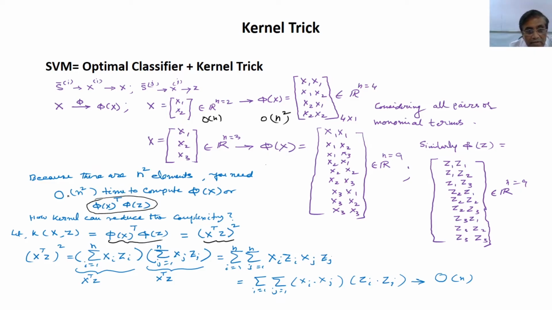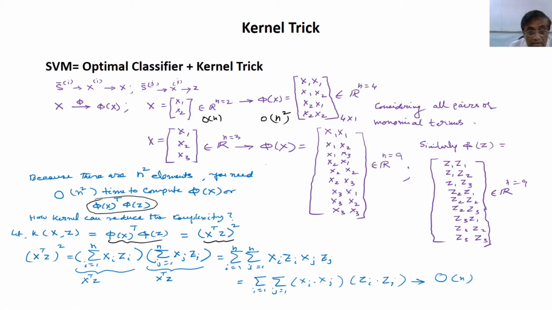So, you need order of n square time to compute phi x, or in that sense phi x transpose phi z, to make that dot product between these two vectors. So, in theoretical terms, the time complexity is order of n square.